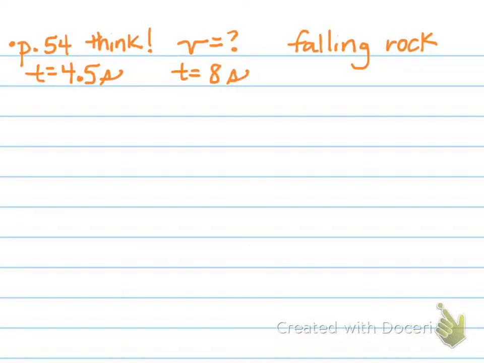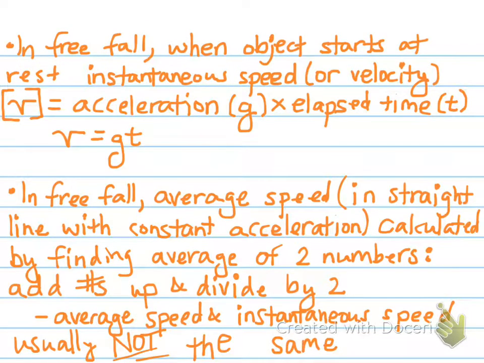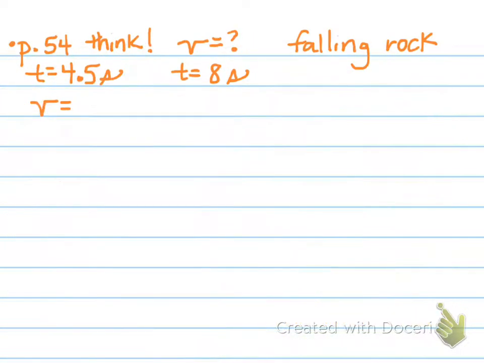So we're going to use that equation that we just saw, velocity equals gt. My g is 10 meters per second squared. That's my acceleration due to gravity. My time is 4.5 seconds.